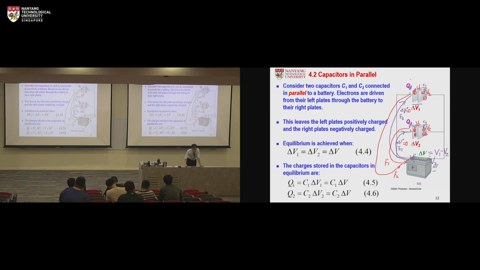And if we define this delta V1 as the potential difference for C1, it's just V1 minus V2, right? And the same for the delta V2, the potential difference on capacitor 2. And all equals this delta V, right?